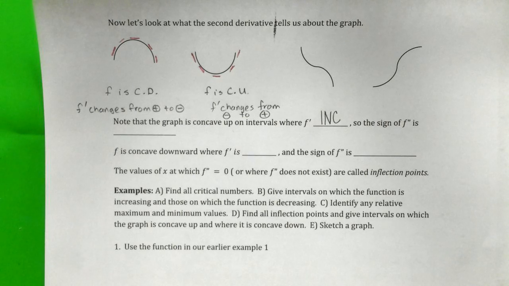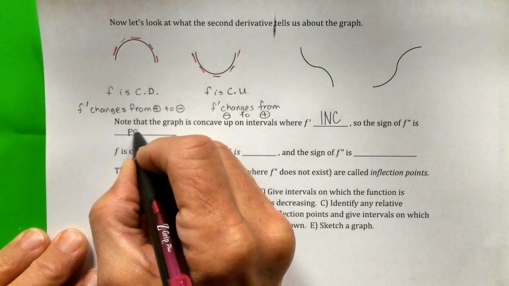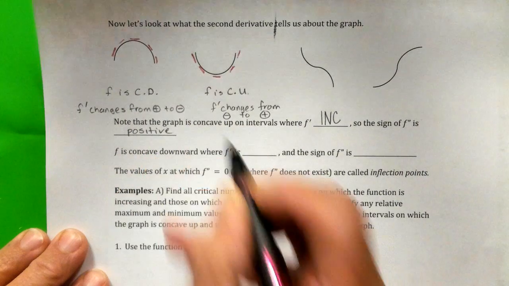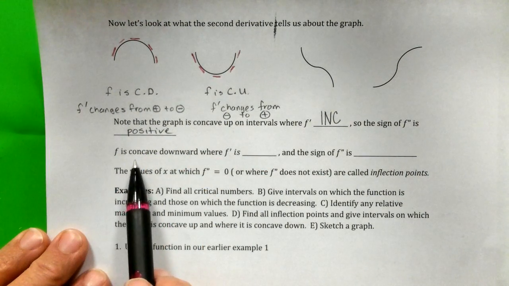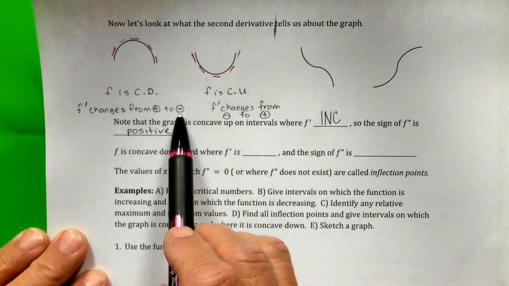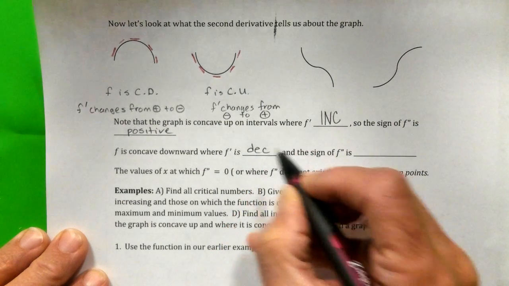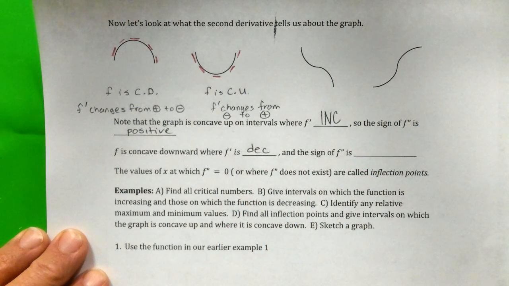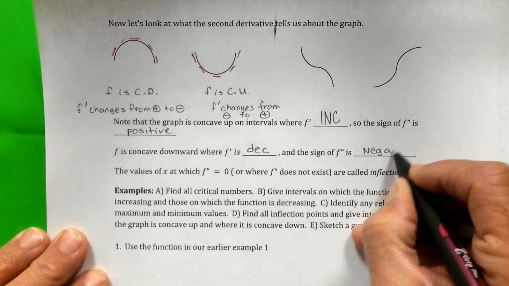F prime is increasing where the sign of f double prime is positive. And then, to emphasize this follows the same pattern, f is concave down where f prime changes from a positive number to a negative number. So f prime is decreasing, which means its derivative, f double prime, is negative.